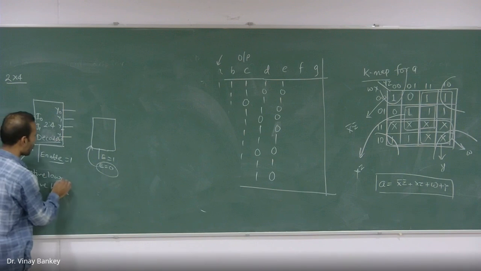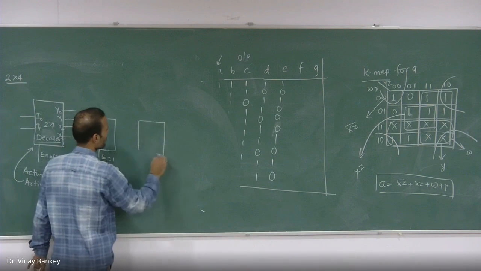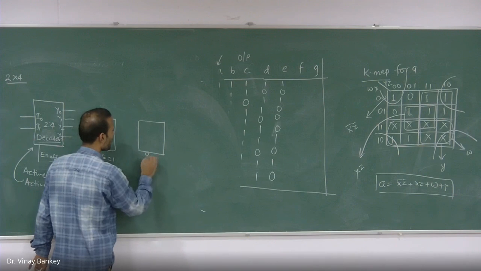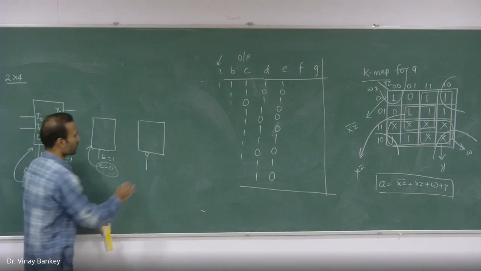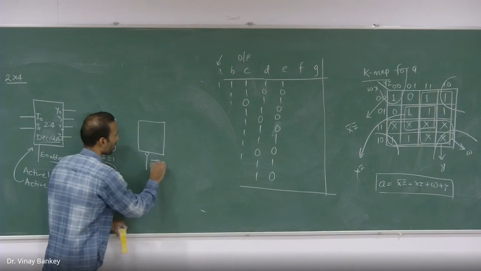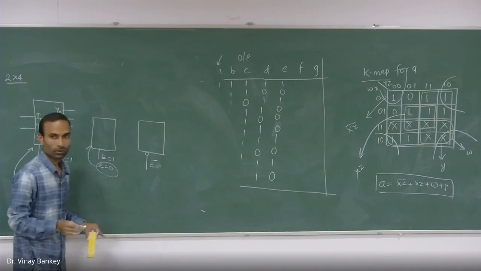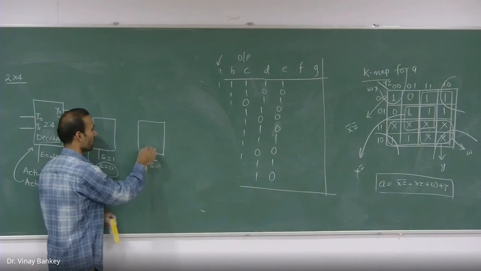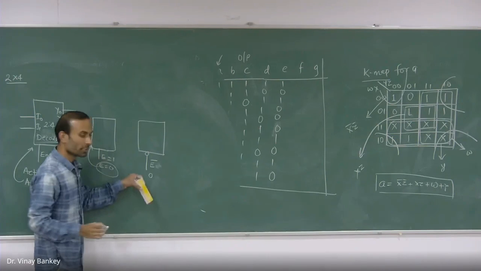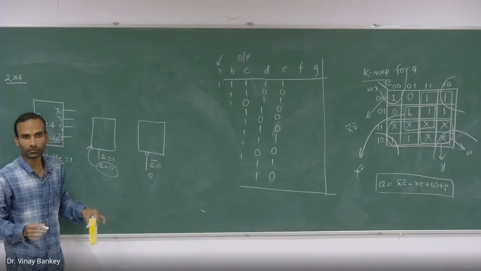And for active low cases, they put a bubble sign there. So this IC will be on for low. Means if at this input of this IC you connect 0, then only this IC will be working.